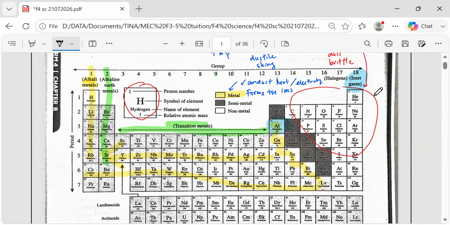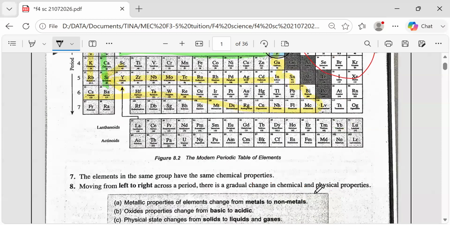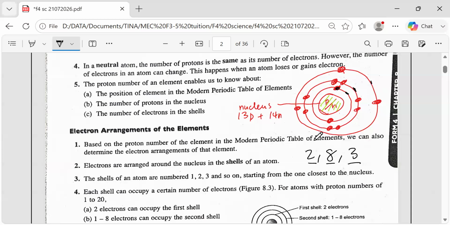There, 1, 2, 3. There, aluminium. Third shell. OK，它外面有几粒 electron？3粒。外面有1粒 electron is in group 1，外面有2粒 electron is in group 2。3 to 12没有算的，外面有3粒 electron 是 group 13，外面有4粒 electron 是 group 14，5粒、6粒、7粒、8粒，来来，remember 了，OK？So 2, 8, 3.